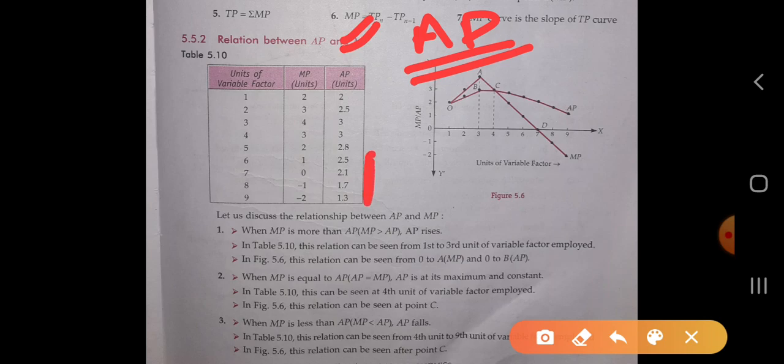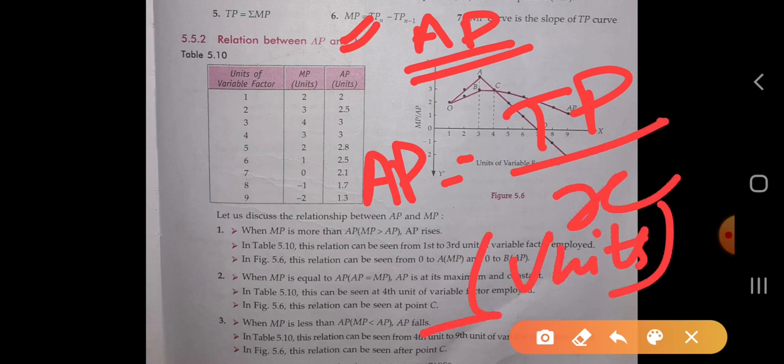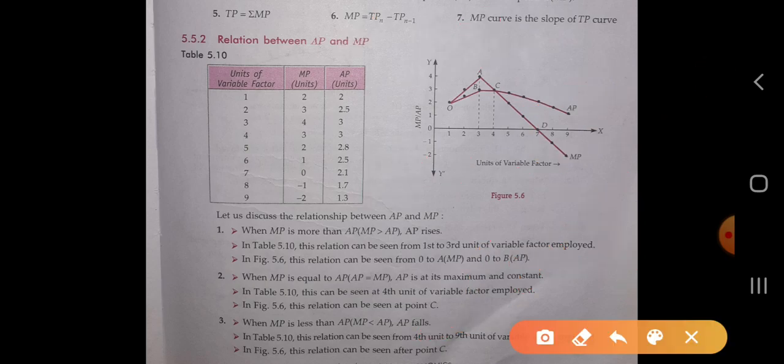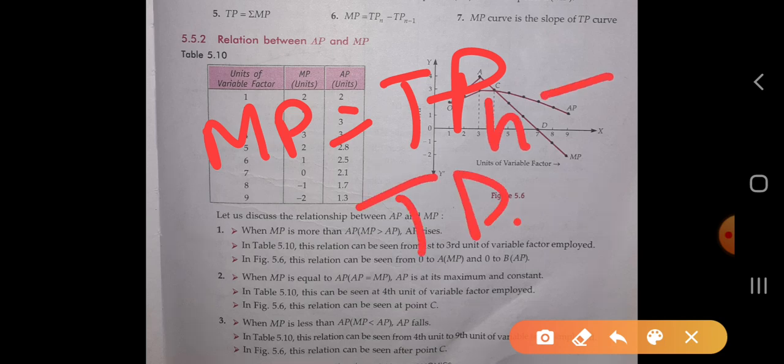So AP equals TP upon x, where x is the unit of the variable factor. Whenever we have to calculate the value of MP, we get it from TPn minus TPn minus 1. TPn is the present total product, and TPn minus 1 is the previous total product.